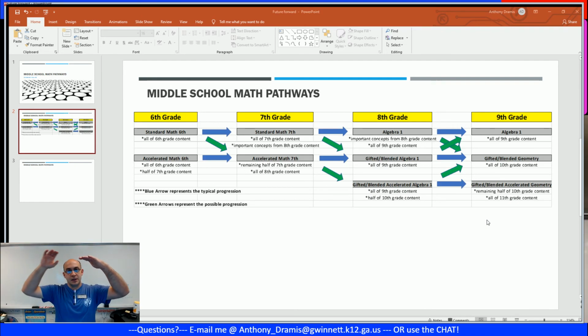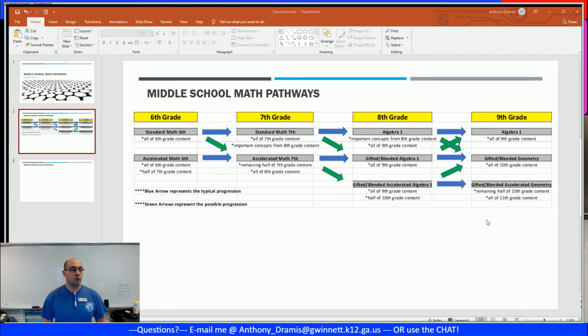Success at the Algebra 1 level at Hull Middle School is an 80 or above. Now, if your child gets a 77 and they perform at a high pace, we can talk about that. But the reality is 99.9% of students that get an 80 or above or an 84 or above are well prepared to perform at the geometry level in 9th grade.